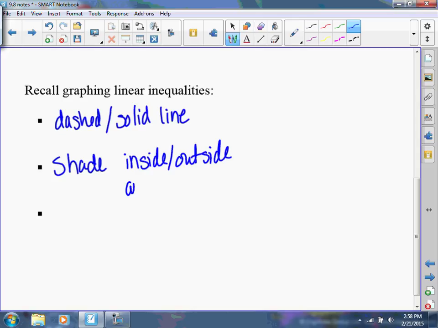So what was above and below is now going to be inside or outside the parabola. Okay? We don't really need that third point there. So we're going to graph the way that we did in the previous section of notes, and then we're just going to add on these two steps. And these are the two steps that we've done before when we've graphed linear inequalities.